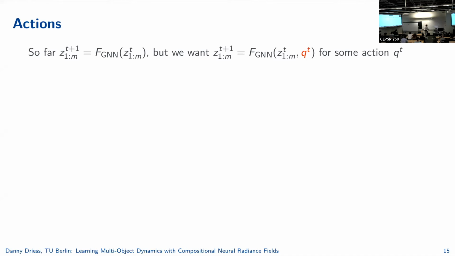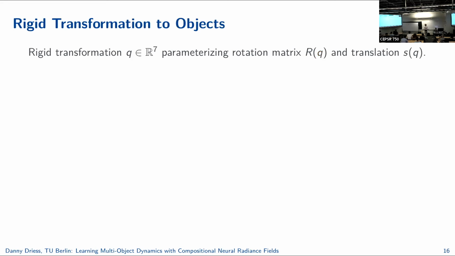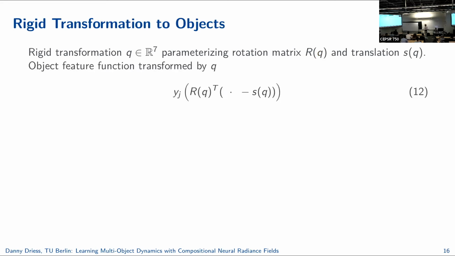And by having this implicit representation of the encoder, what we can do is we can apply rigid transformations to objects by transforming the input where this functional representation of an object is queried.